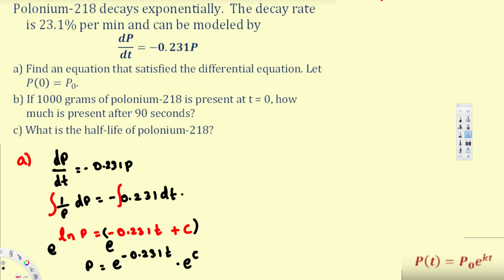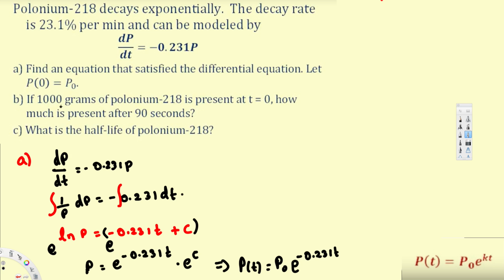This e^C is basically a constant, so it is going to be equal to P0. So we can write our final answer as P(t) = P0 e^(-0.231t), and that's going to be the answer for the first question.